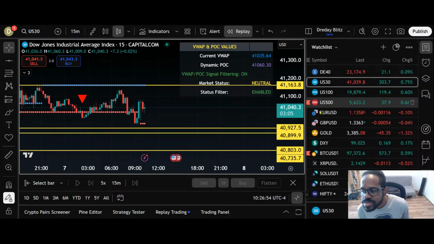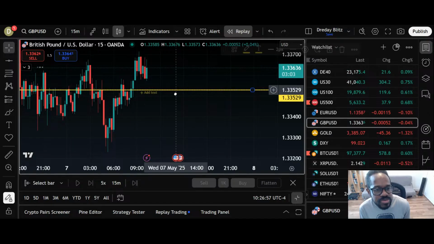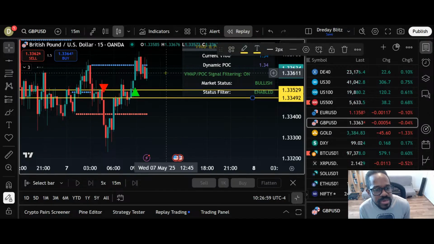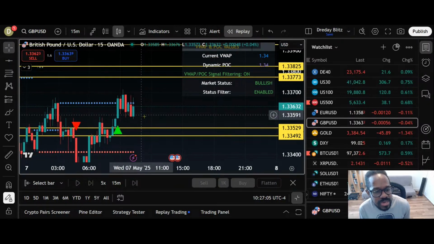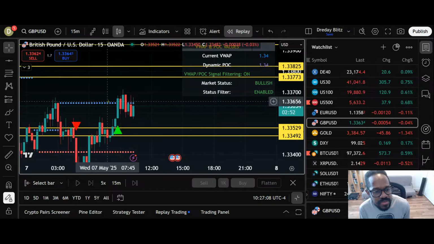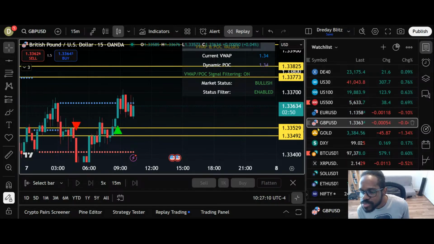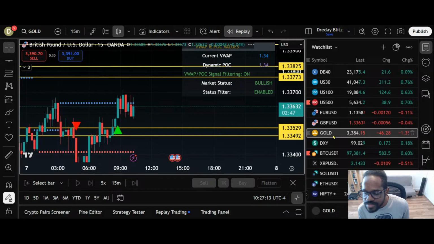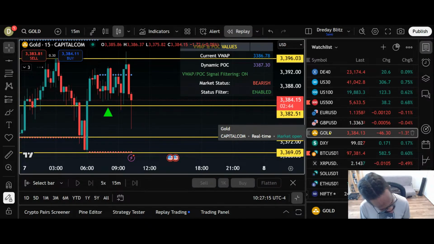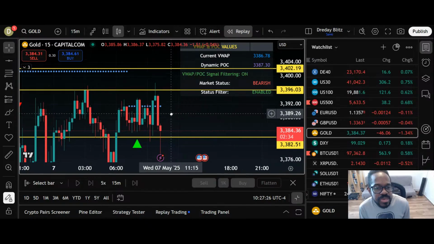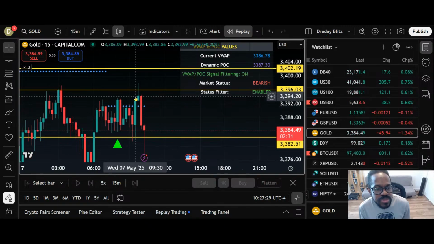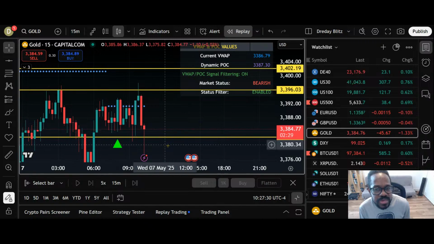So did the same, and let's look at GU to see exactly if it continued up. Yeah, so it started consolidating, now it started to go down. So this level here was a good point of interest. And gold here, it went to this level here, tapped it, and now it started to go down.